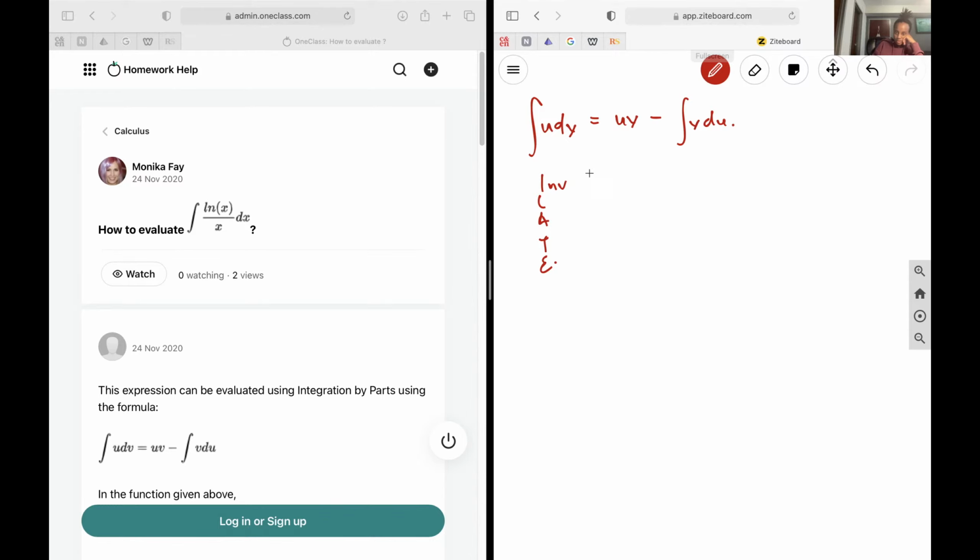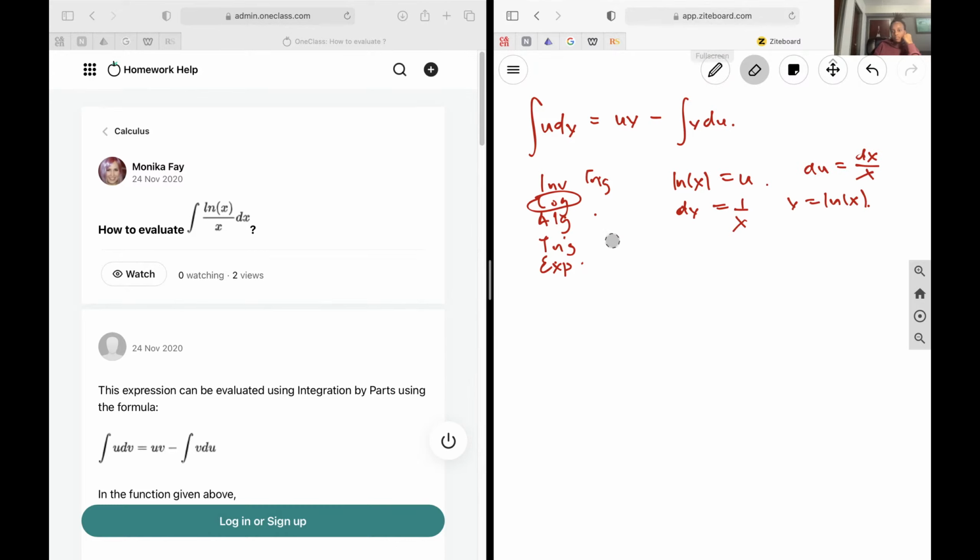So inverse trig, logarithmic, algebraic, trig, and exponential. Okay, and so I bump into logarithmic first because I have ln x, and that is what I'm going to choose as my u. That means that dv is equal to 1 over x. This means that v is equal to ln x, and du is equal to dx over x.